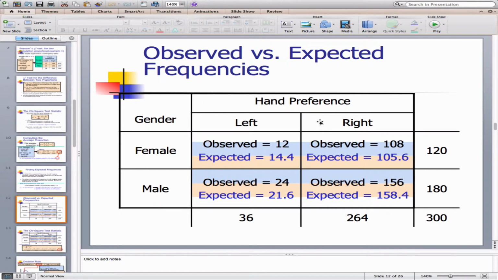So during the next lecture, what we are going to talk about is, here you have the observed, which is the different numbers that fall into different categories. For the chi-square test, you need to make a parallel table, called the expected table.